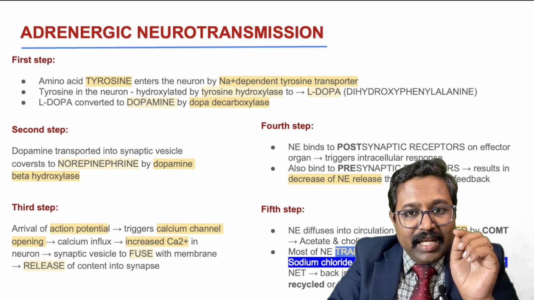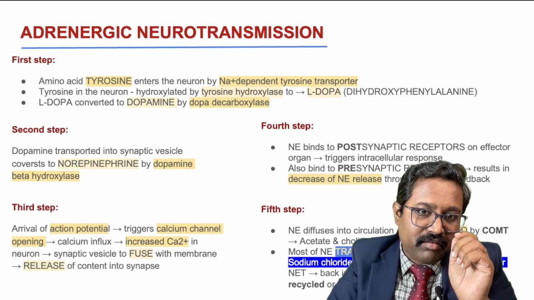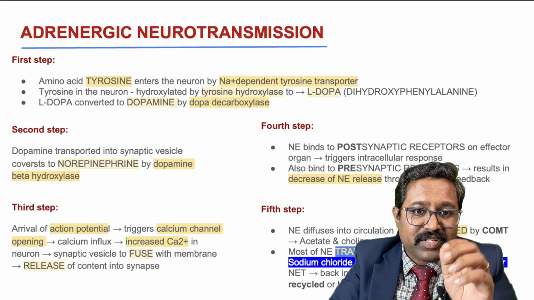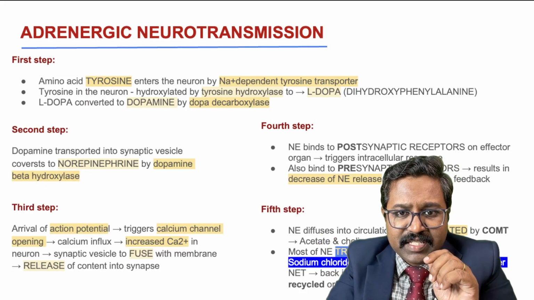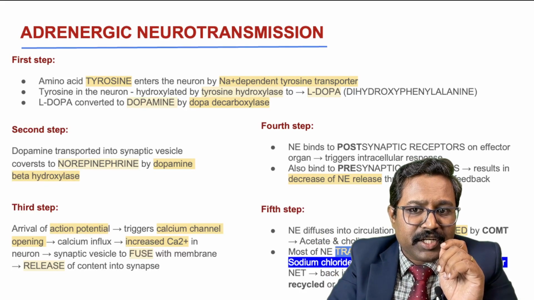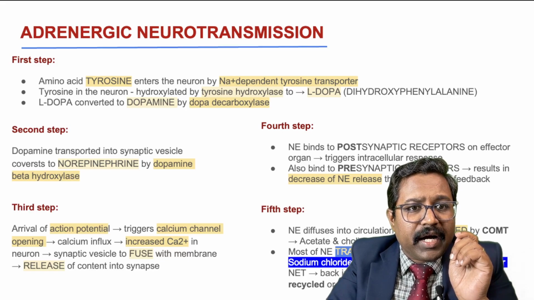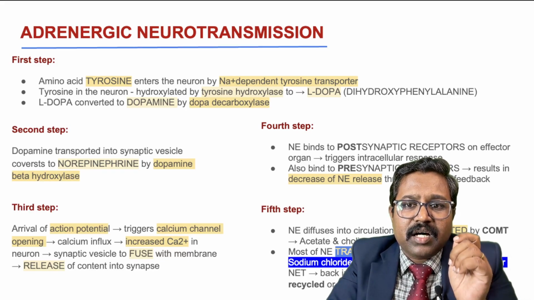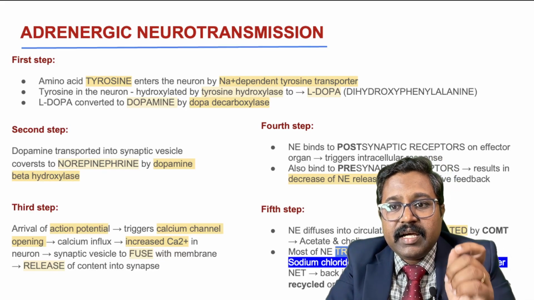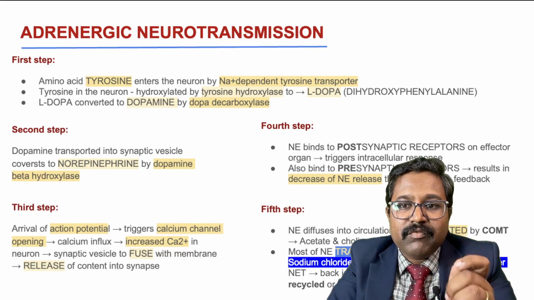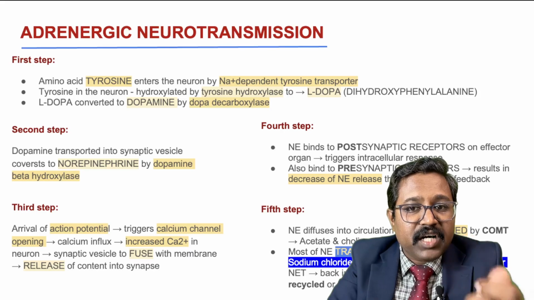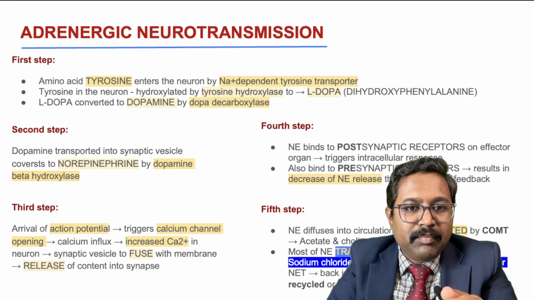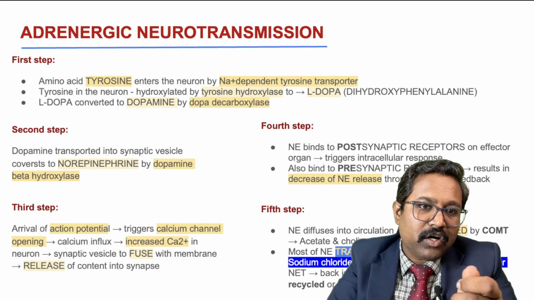With the help of the sodium dependent tyrosine transporter, the tyrosine gets into the presynaptic nerve terminals in the sympathetic nervous system, and this tyrosine in the neuron undergoes hydroxylation by an enzyme called tyrosine hydroxylase to form levodopa, and then levodopa gets converted into dopamine with the help of an enzyme called dopa decarboxylase.